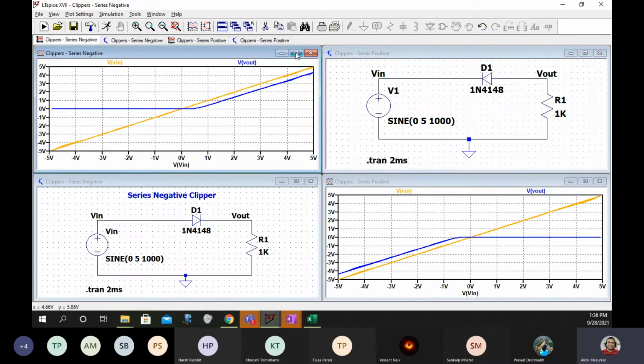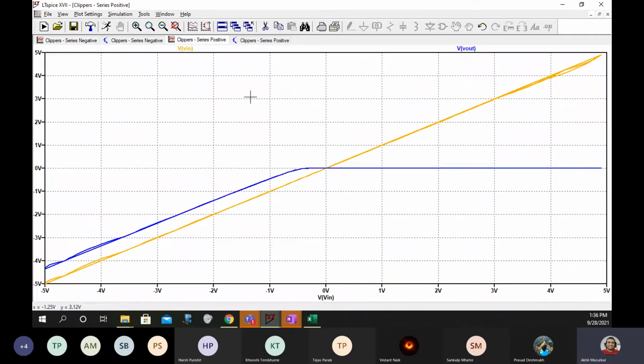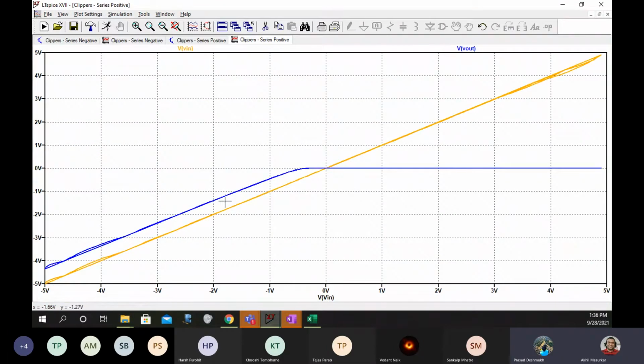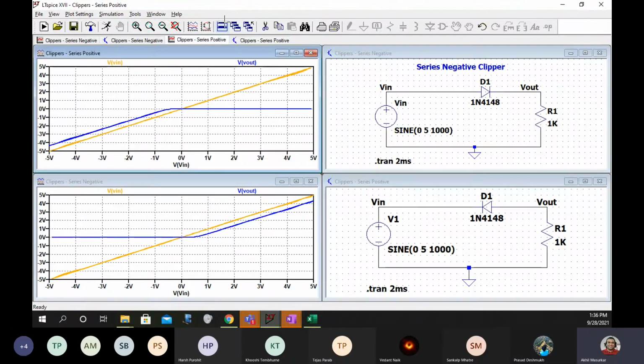Sir, the thickness of the plotted graph is very thin. How to increase it? The thickness of this line. Is your background white or black? Sir, it's white only, but it's very thin. What is the problem?